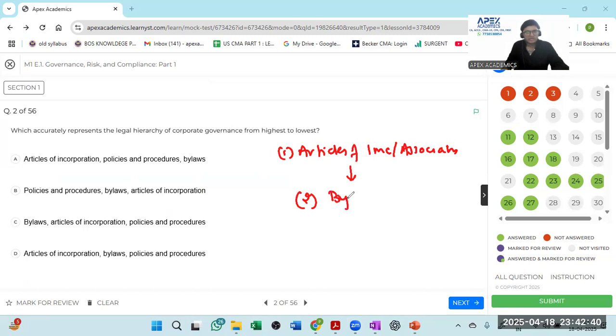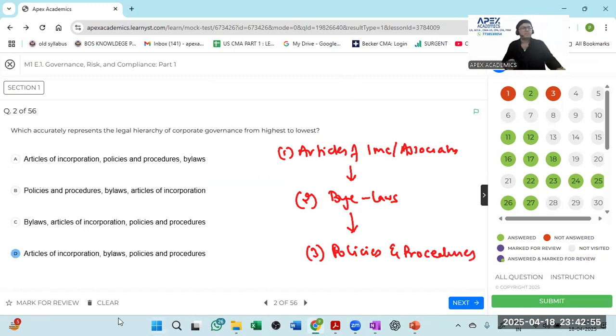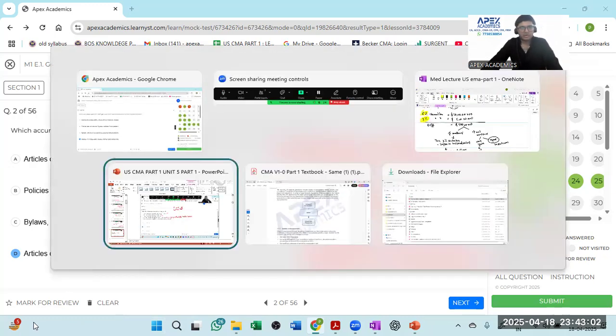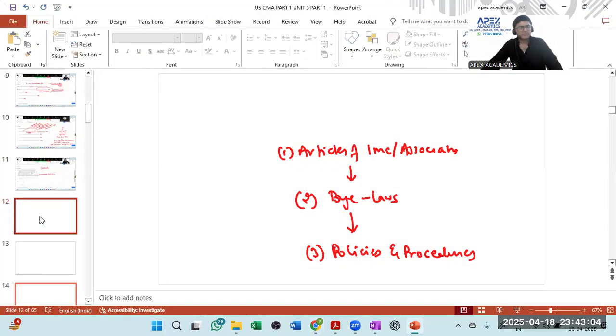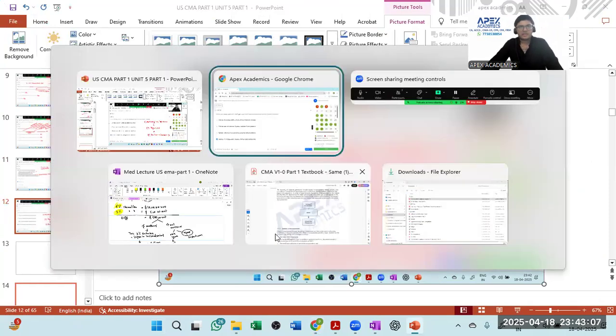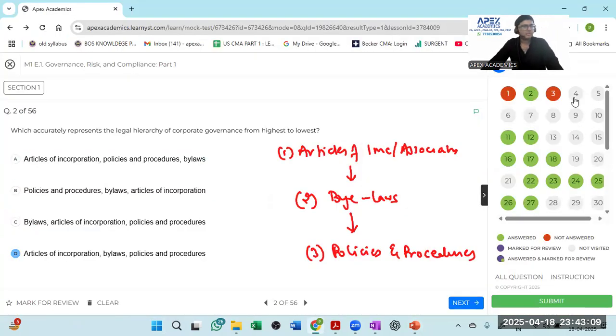The second rank goes to bylaws. And the third rank goes to policies and procedures. So what is the answer? The answer is option D. Let's take a screenshot of this and put it into our notes. Question number 2 is done. Let's go for the next question.